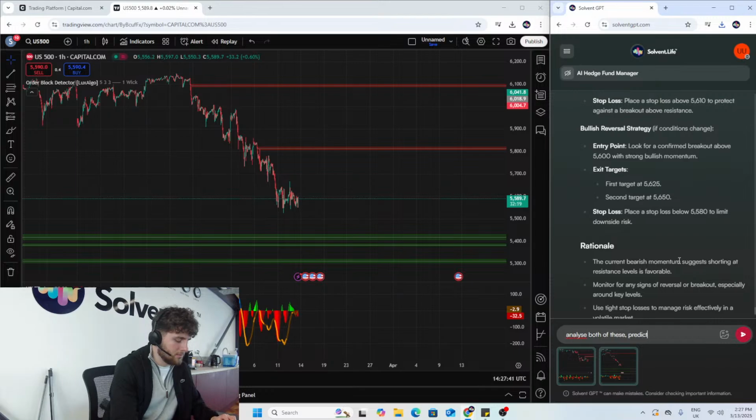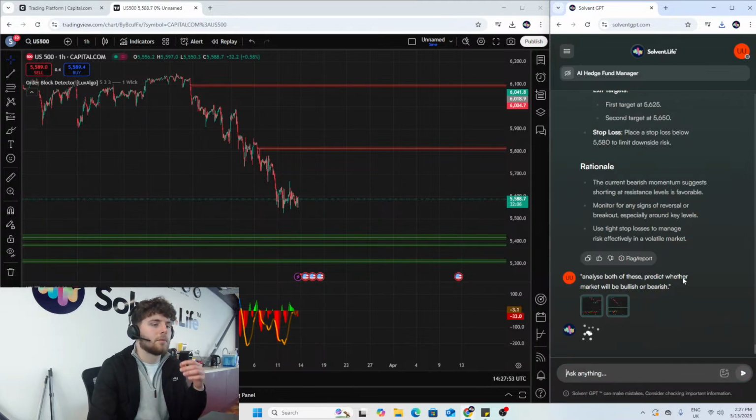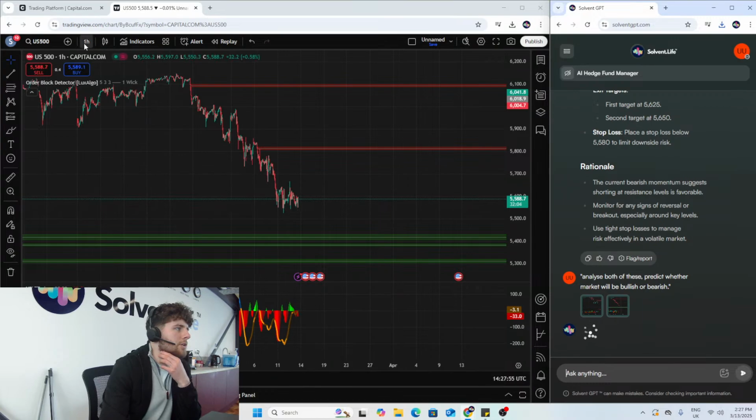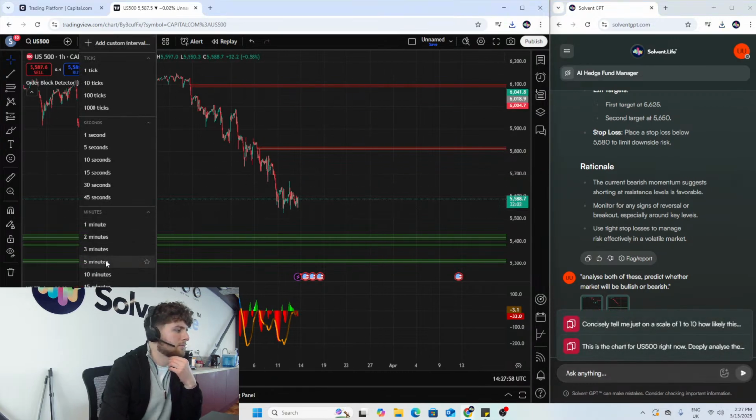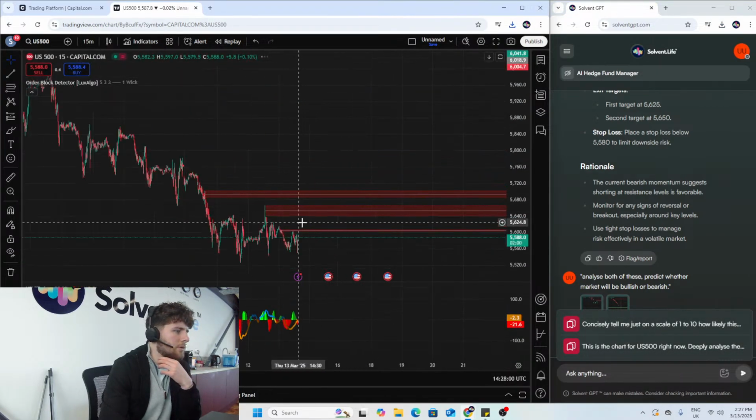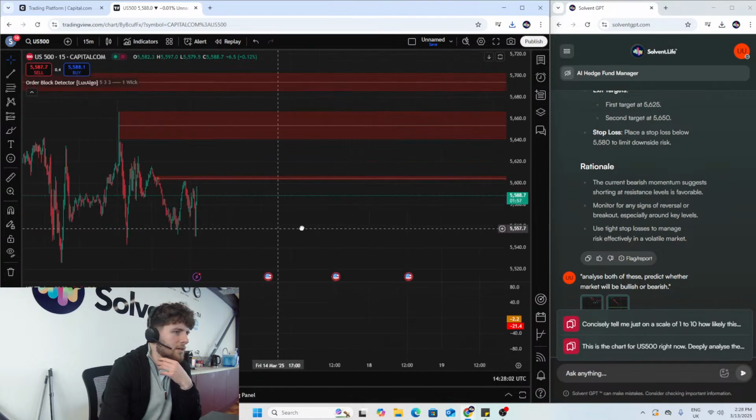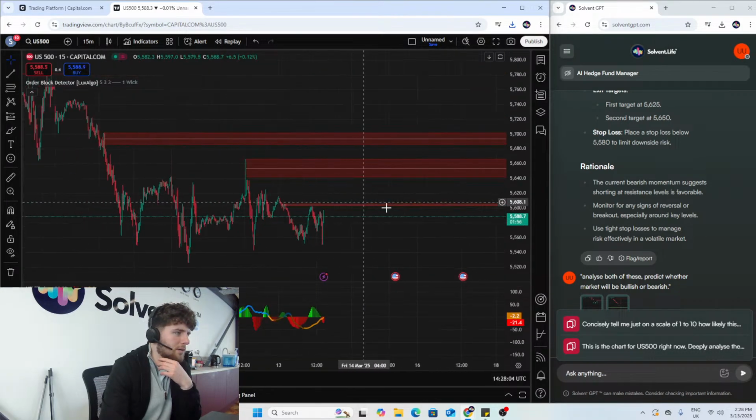Predict whether the market will be bullish or bearish. So we'll just see what the GPT gives us here. Let's break into the 15-minute. I just find it a lot easier to analyze what is happening in the 15.